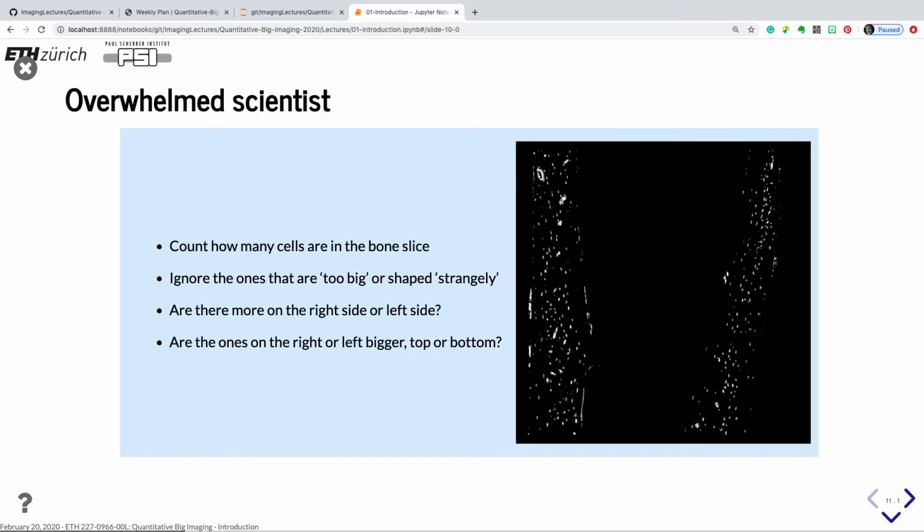So, if we have an image here representing a piece of a bone, and there are some pieces here that you want to look at, and you should also ignore the large one, because they are artifacts or something that was segmented the wrong way. But anyway, in 1 second, how much can you tell about this image? I would say not very much. So we need some kind of analysis to get this right.